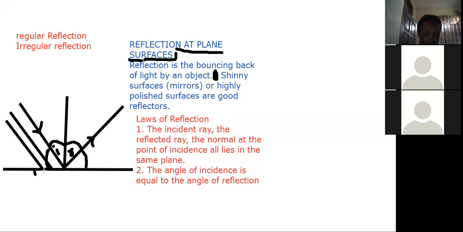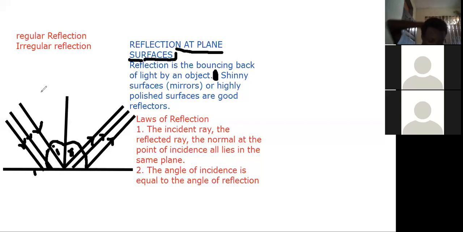When that happens, they pass through the same angle, or they all lie in the same plane. So this one is a smooth transition from incident to reflection. Basically, that is an example of a regular reflection.